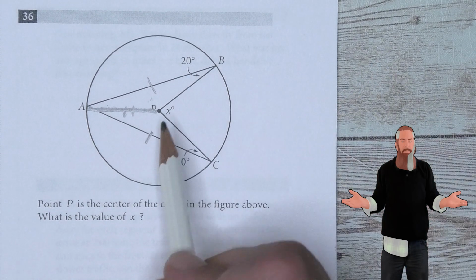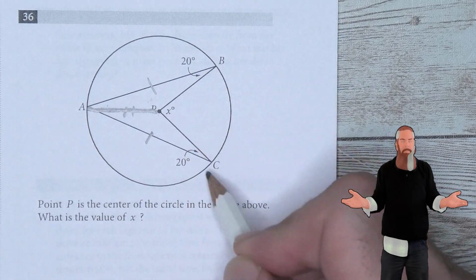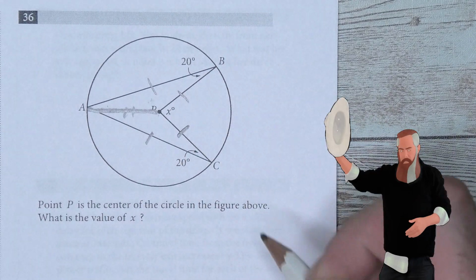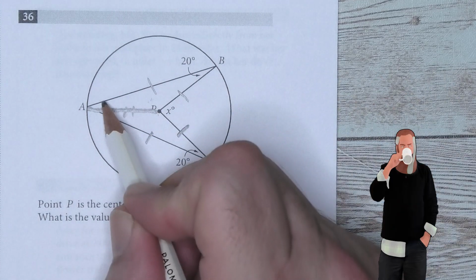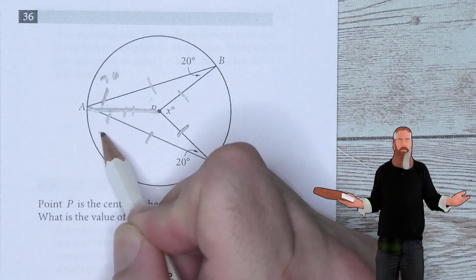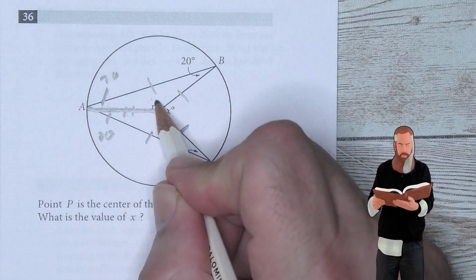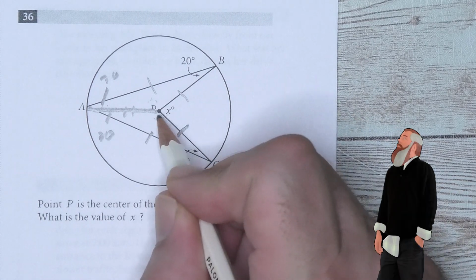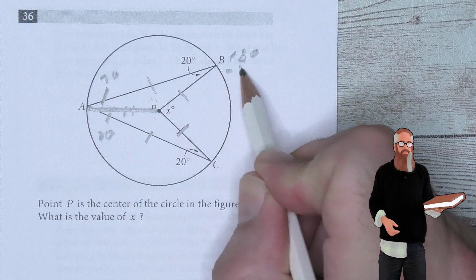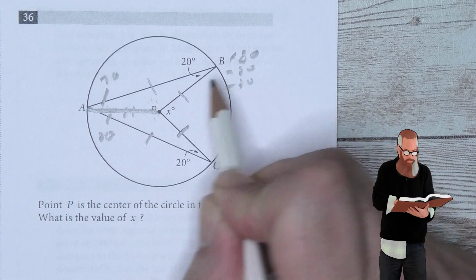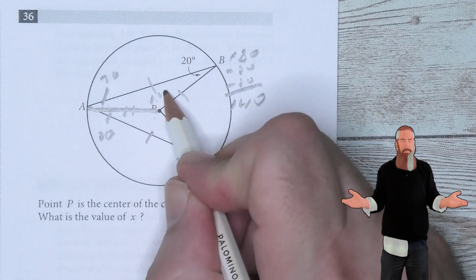Something we also get to notice is because P to A is a radius, and so is P to B and P to C, what we actually have is an isosceles triangle. This means that these angles right here are both 20 degrees. So if I wanted to figure out what this angle P is, P would be equal to 180 degrees minus 20 minus 20, so this is 140 degrees.